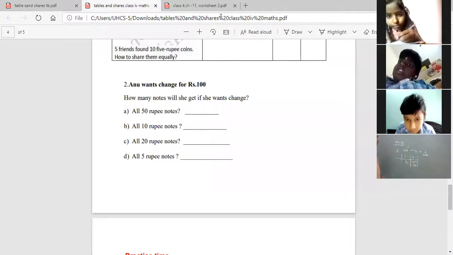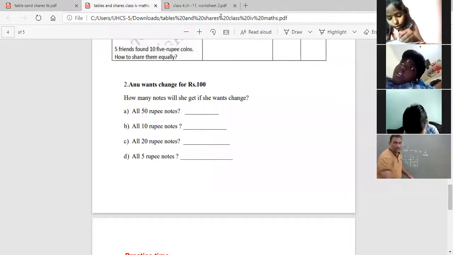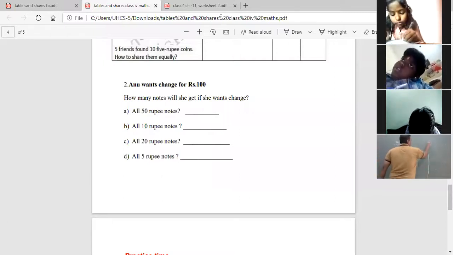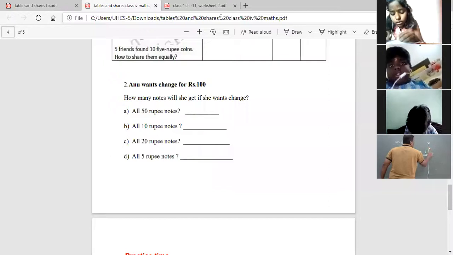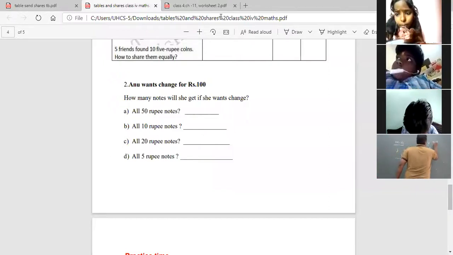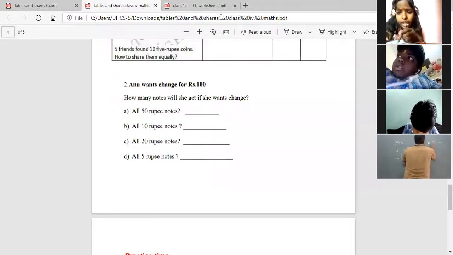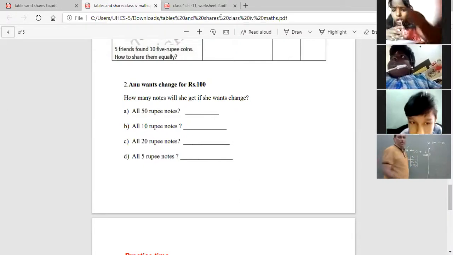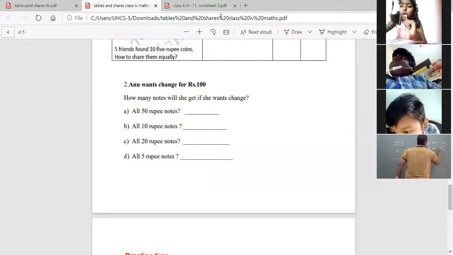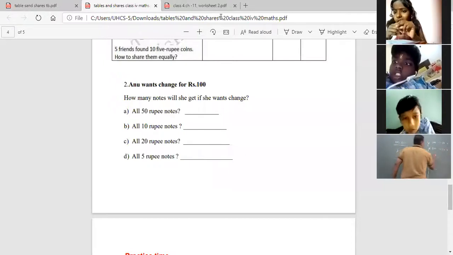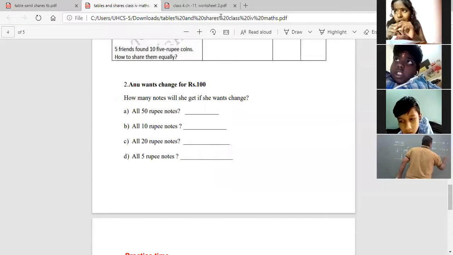Next. 100 rupees divided by 10 rupee notes. 100 rupees divided by 20 rupee notes. 100 rupees divided by 5 rupee notes.